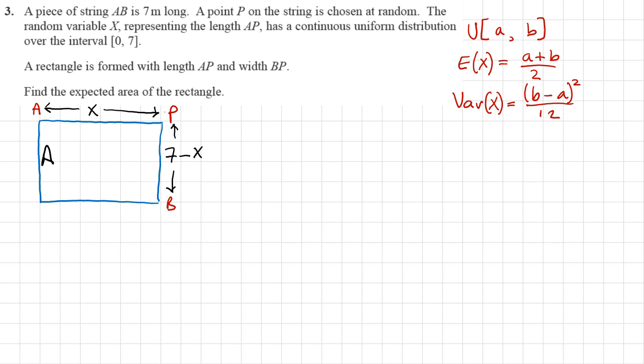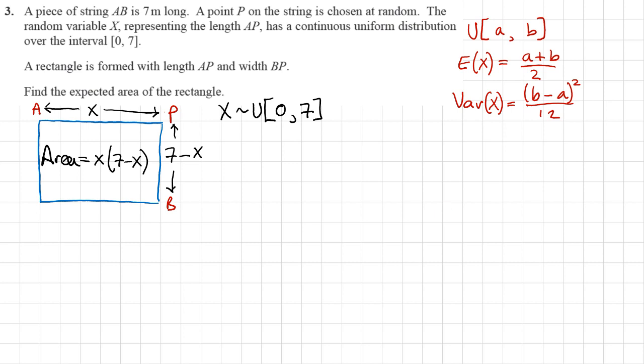So the area is going to be x times by 7 minus x. So we'll start by writing down our model, and that is x is uniformly distributed over this interval 0 to 7.